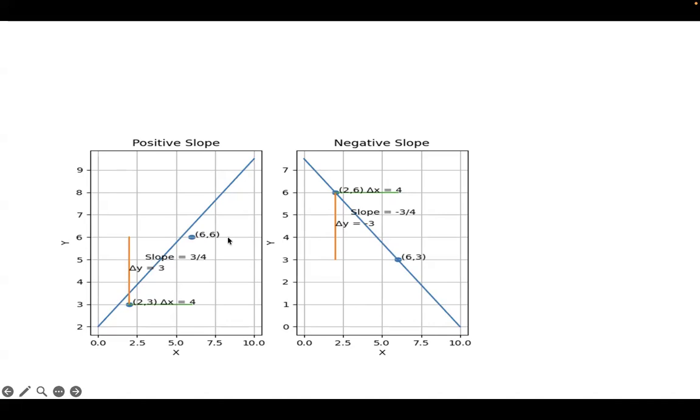To determine the slope, it's a matter of subtracting the first y from the second y, and dividing by the second x minus the first x. Therefore, when you get 3 over 4, you have a positive slope. But when after division you get a negative figure, you say that you have a negative slope.